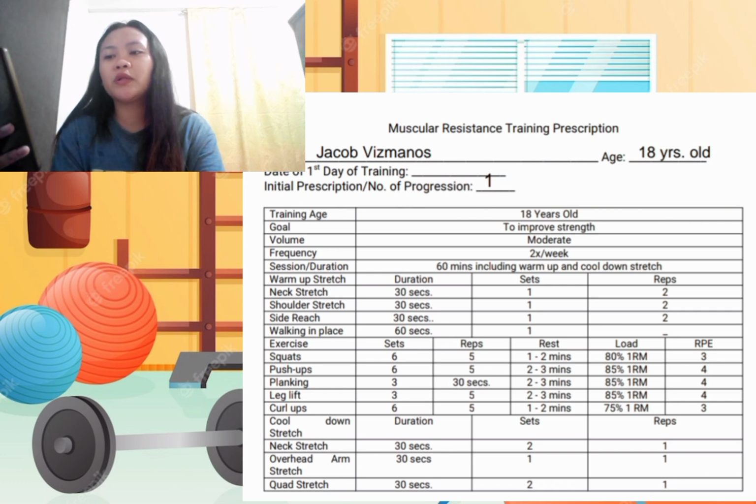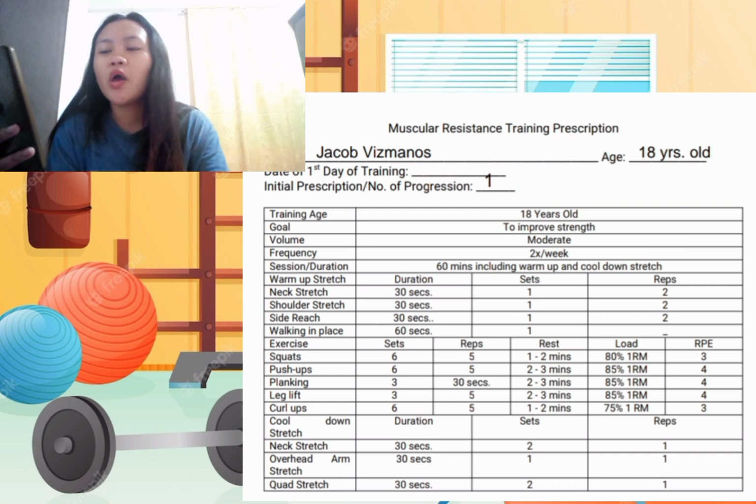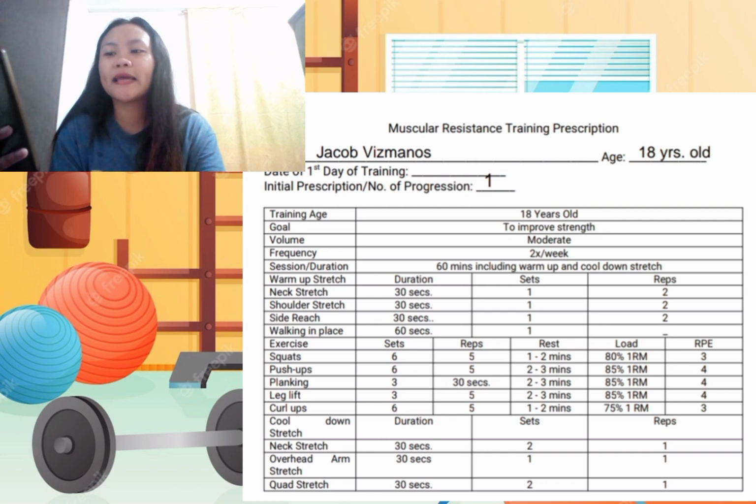Jacob will have 30 seconds duration with 1 set and 2 repetitions. The next is the shoulder stretch, again 30 seconds duration, 1 set and 2 repetitions. The same with the side reach. And we also have walking in place.